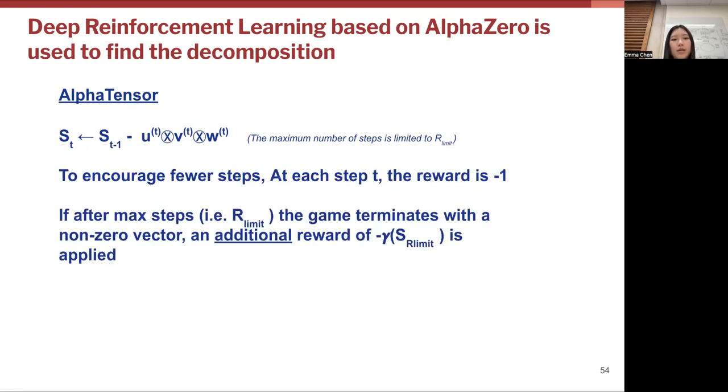And we also mentioned that we set a limit on the maximum number of steps the player can play, which means that sometimes it will fail to find a decomposition at the end. So the game will give a negative reward if at the end of the maximum steps, the player does not reach a zero state.